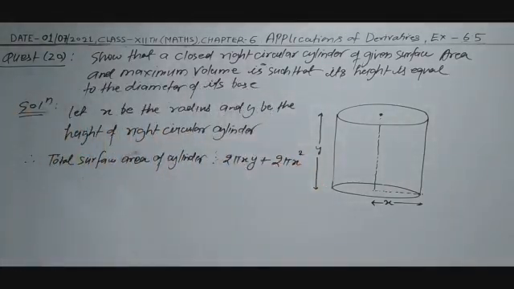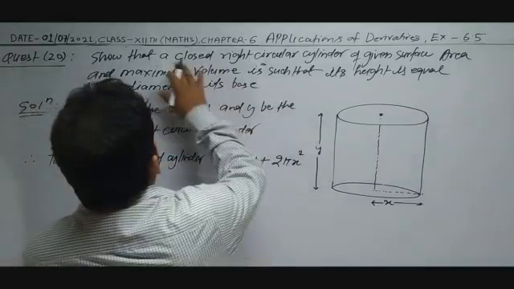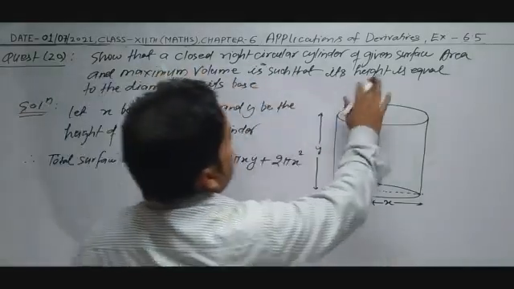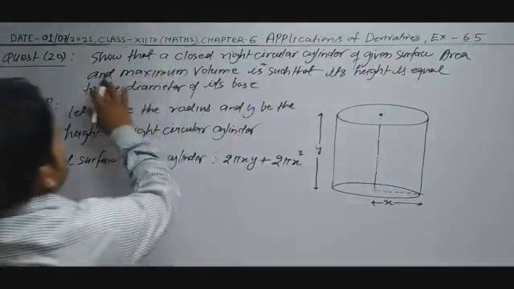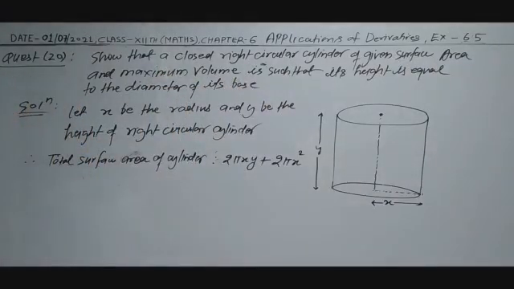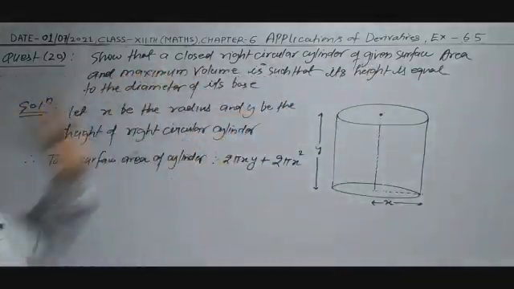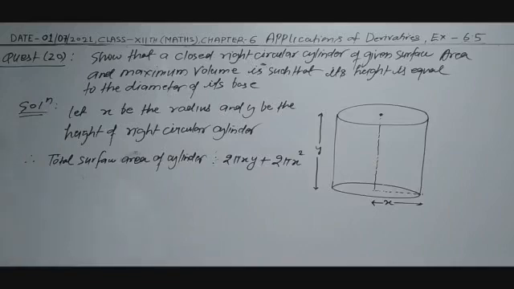So in this question, the total surface area is given, and the maximum volume is what we have to show. Show that the closed right circular cylinder of a given surface area has maximum volume.